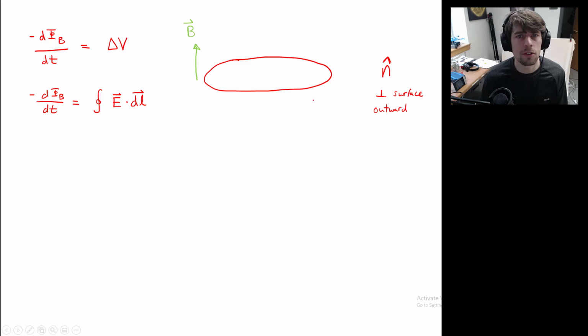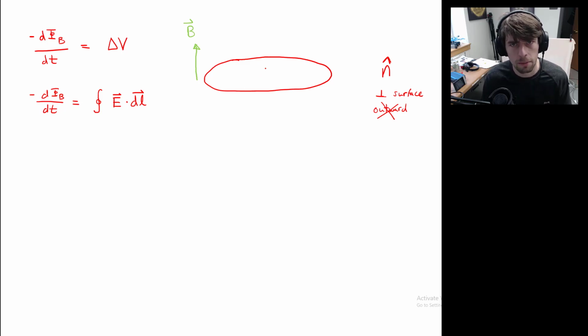But here we only have a 2D surface, so there is no inward and outward. So we don't have to worry about this outward restriction anymore. What I will say, however, is that once you choose a direction for n hat, then stick with it. If you choose a direction for n hat, this negative sign will tell you which way the current runs with respect to that n hat.